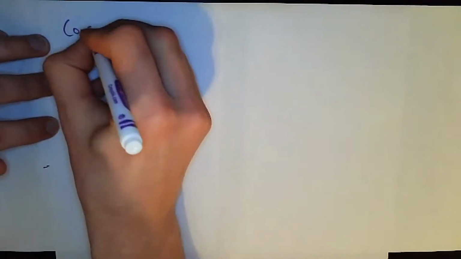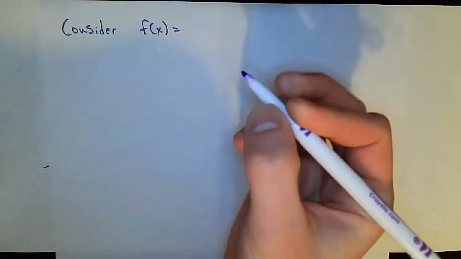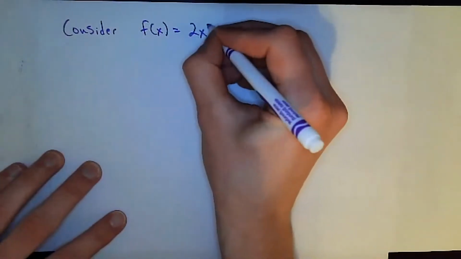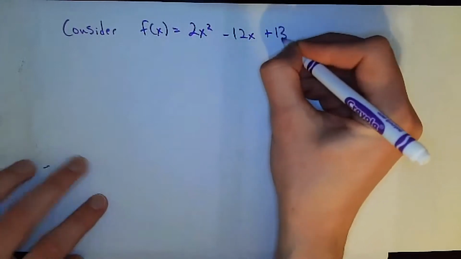So now that we've done a few with a equals 1, I think we're ready to look at one where a is not equal to 1. So let's consider f of x equals 2x squared minus 12x plus 13.